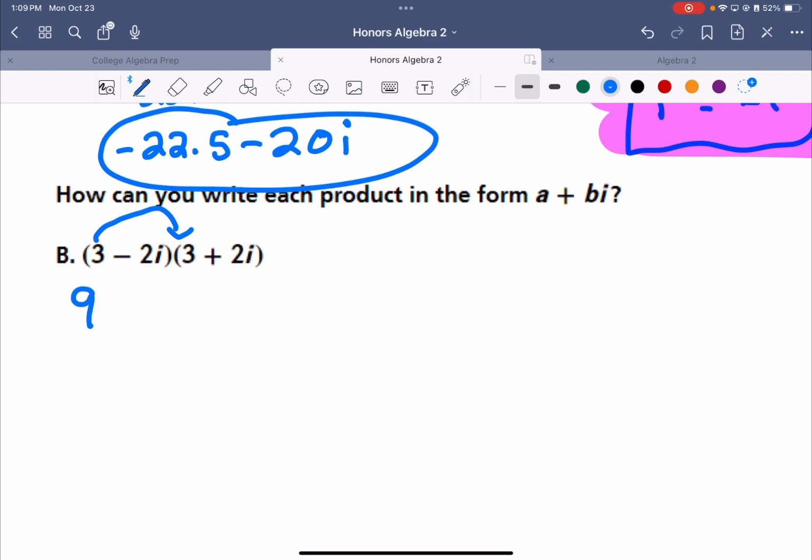We have to go outside times outside. So 3 times 2i is 6i. Inside, negative 2i times 3 is negative 6i. And then last, negative 2i times 2i is negative 4i squared.